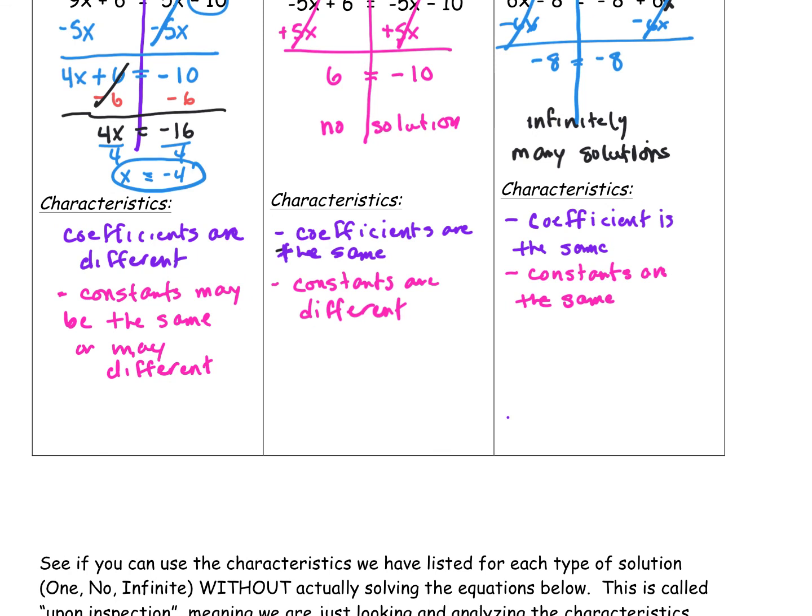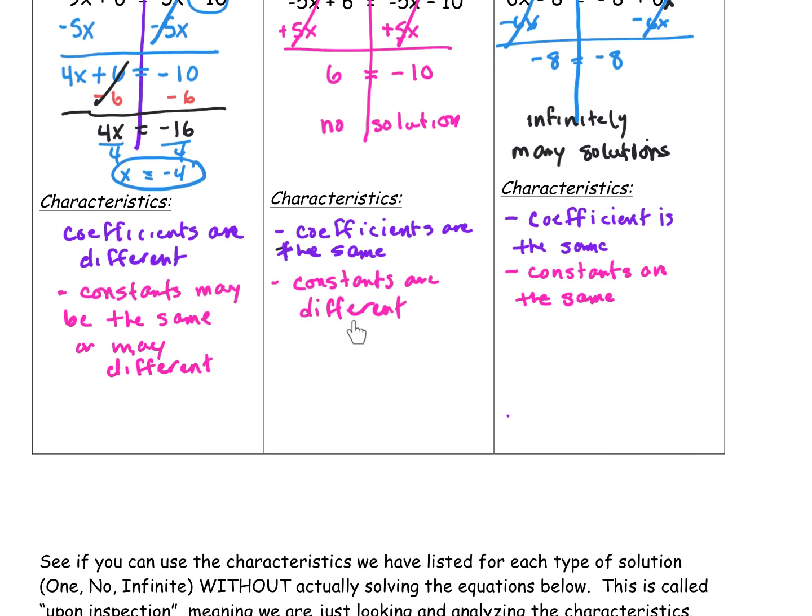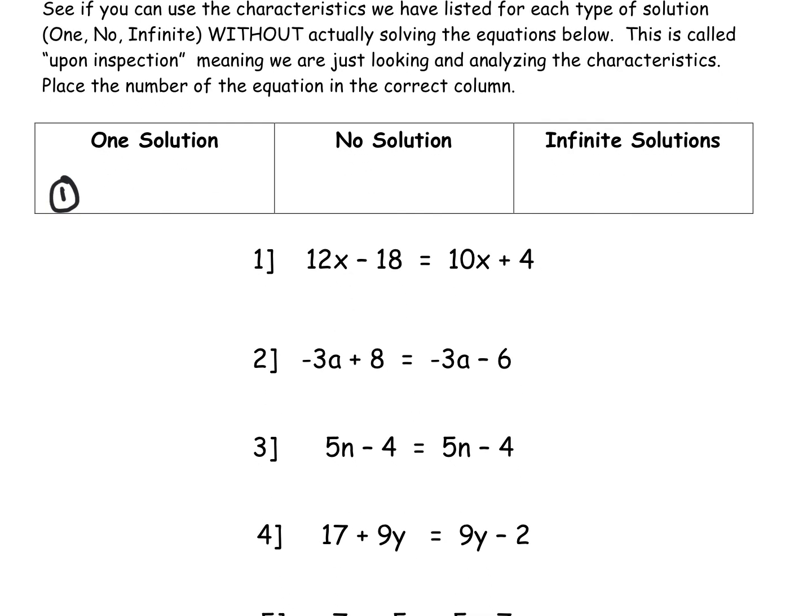If it's infinite solutions, the constants would be the same. So equation number 2 meets these characteristics: our coefficients are the same, and our constants are different. Therefore, this has no solution. So we're going to write that in the no solution column.